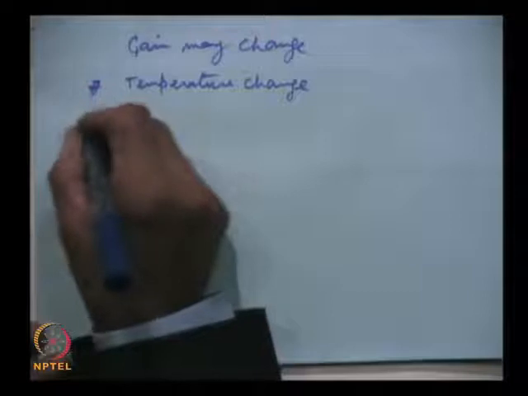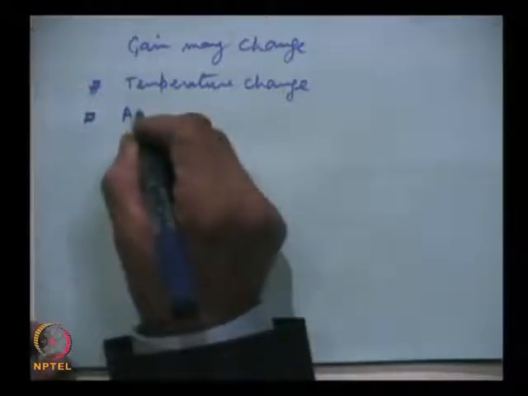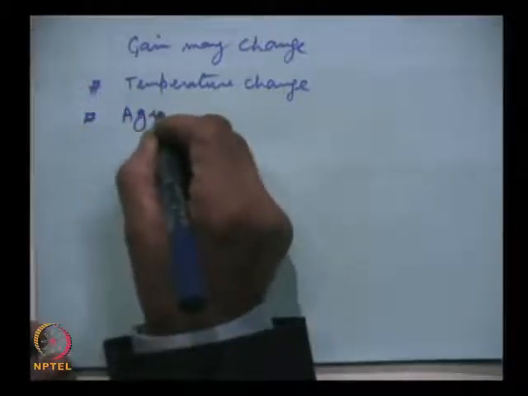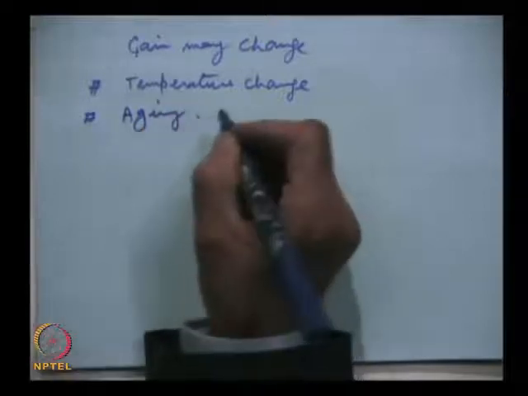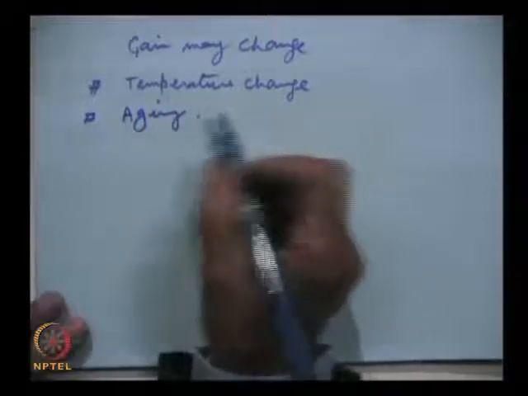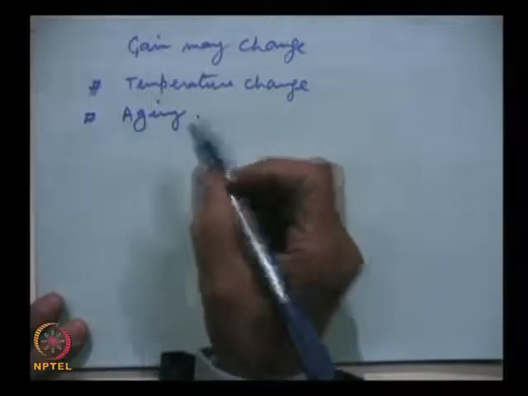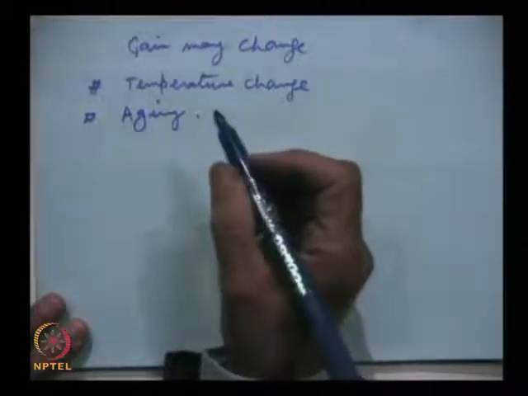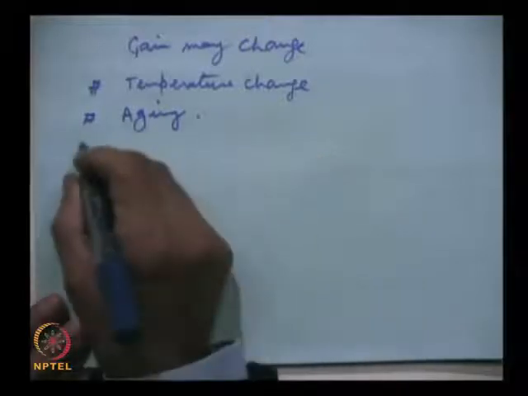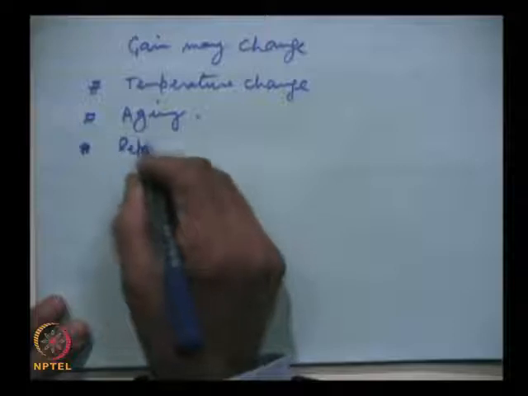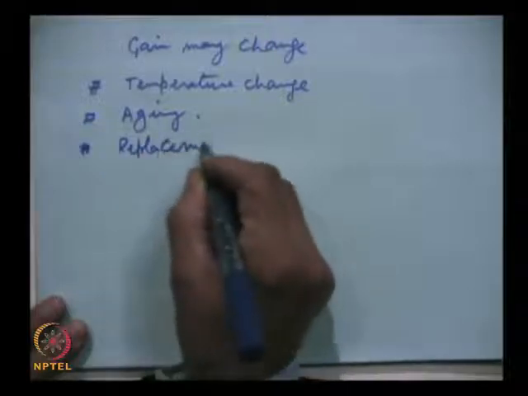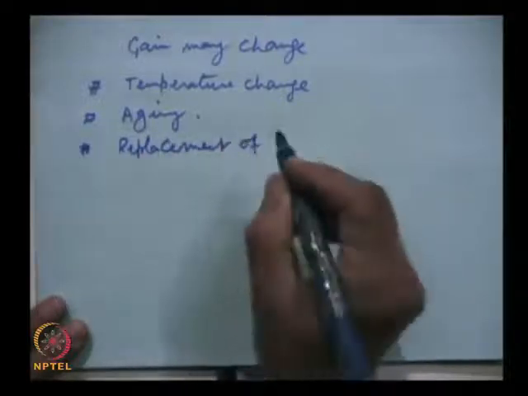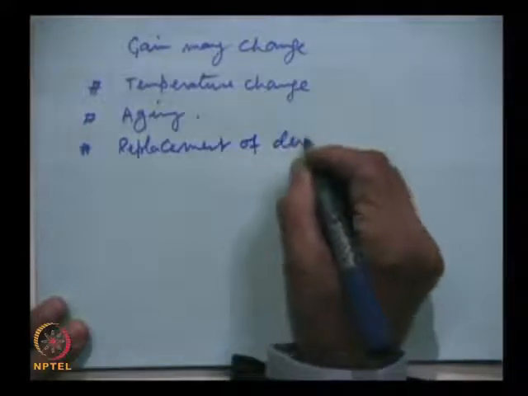The other is aging. Aging means that use of a circuit for several months and years may change its performance, and then replacement of a device.